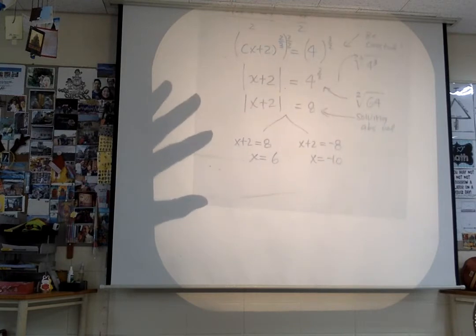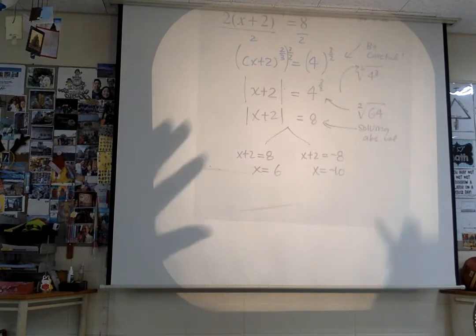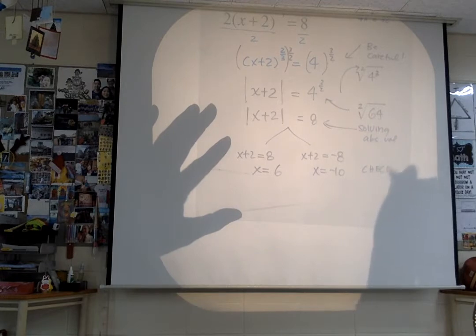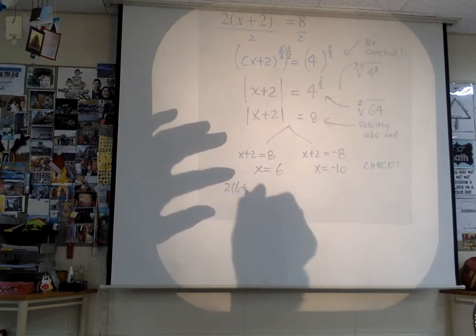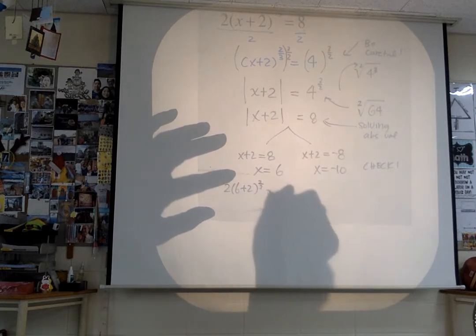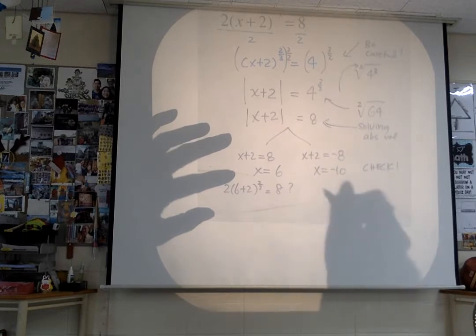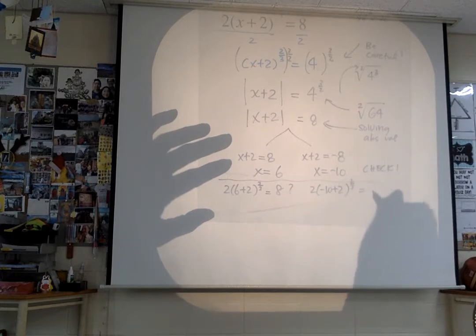But we can't just assume that it has 2 solutions. You must always check to make sure. Check both. So (6 + 2)^(2/3): does it indeed equal 4? And (-10 + 2)^(2/3): does it indeed equal 4?